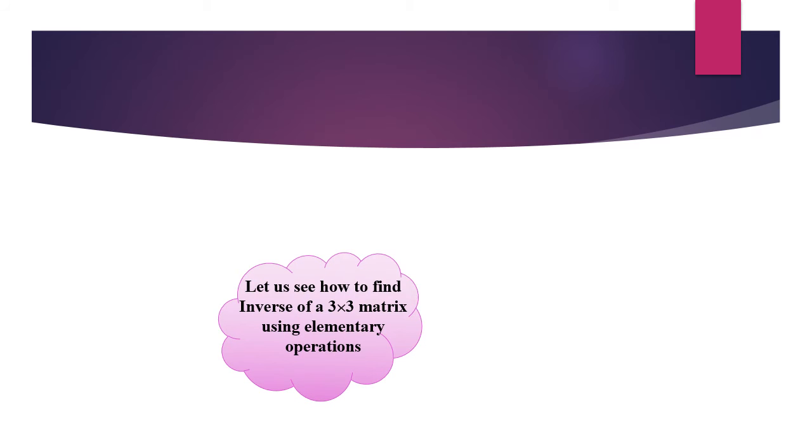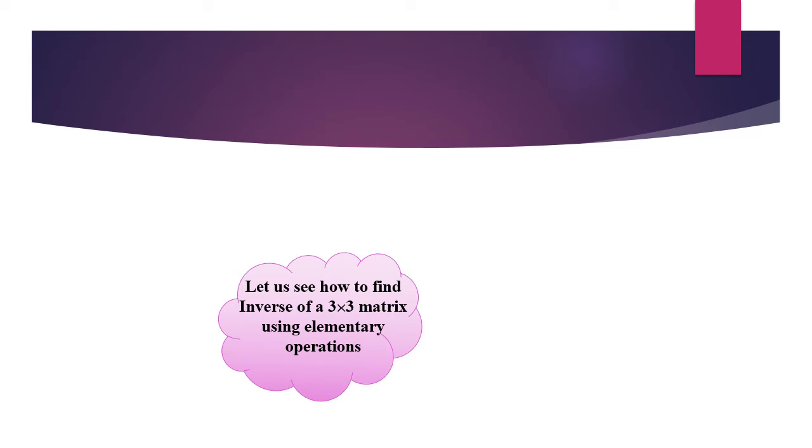Before starting the procedure for 3 cross 3, the student should note that the inverse of a 2 cross 2 matrix can be obtained using column transformation also. So if you are perfect with one of the transformations, it will be easy to simplify.